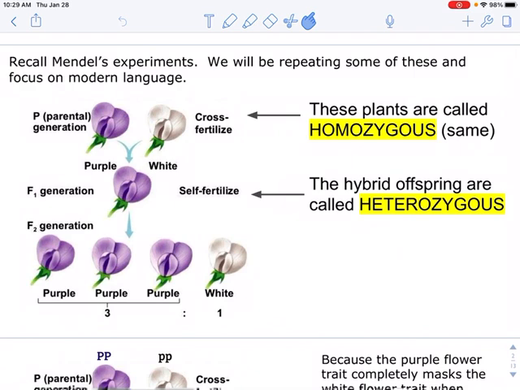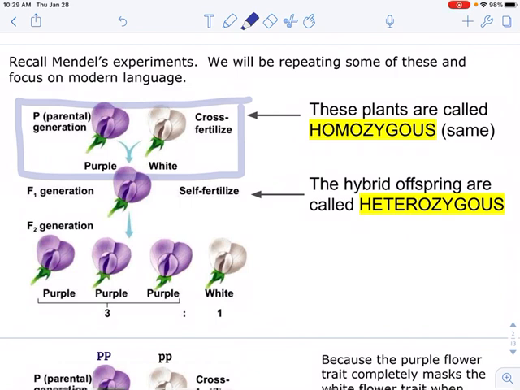So recall with Mendel's experiments on pea plants, he used what he referred to as the parental generation, which you see here. Mendel called these true breeding, but we now refer to these as homozygous individuals. This word homozygous means that their genotype has the same alleles.